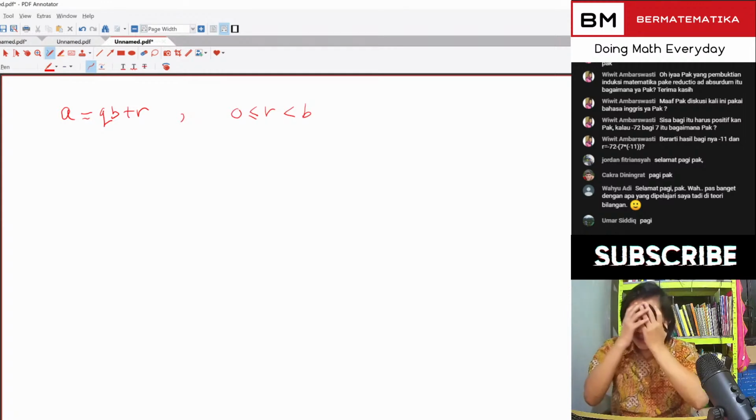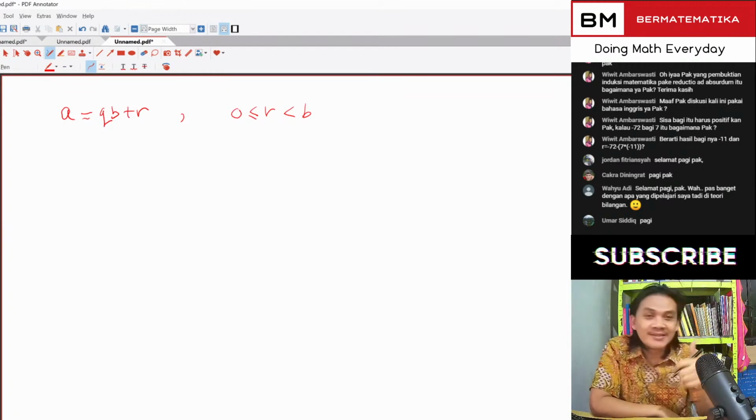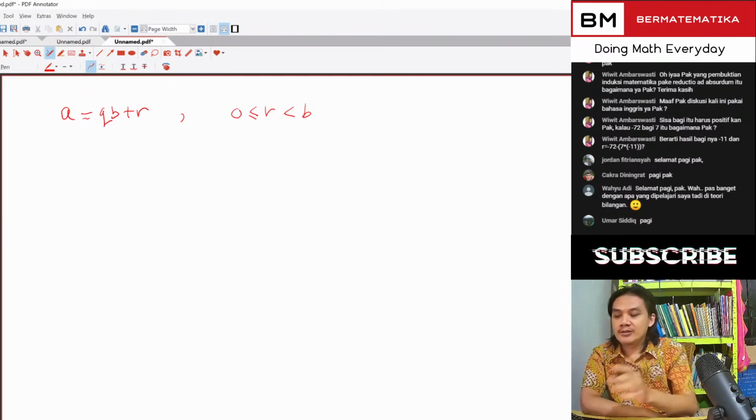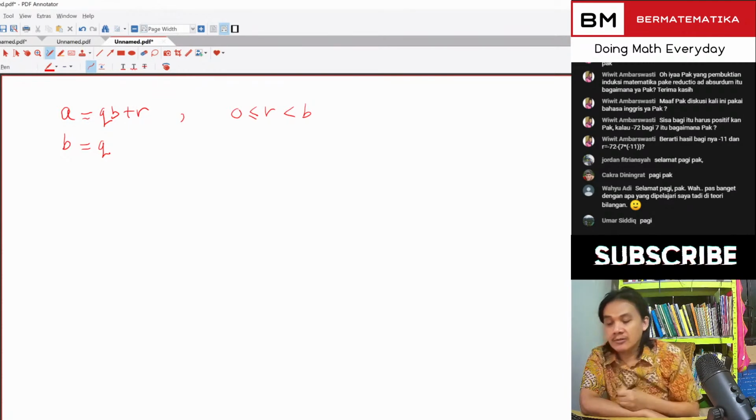Next, we apply the division algorithm to B and R. So on the first stage, we apply the division algorithm to A and B. The next one, apply the same algorithm to B and R. So we have B is equal to Q0 R plus R0, for example.